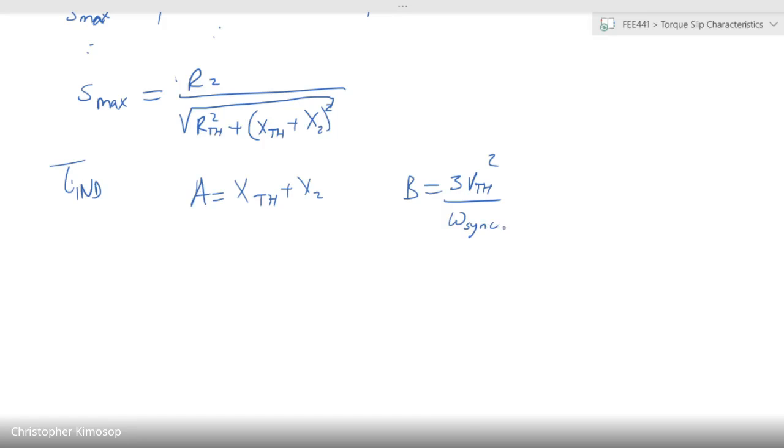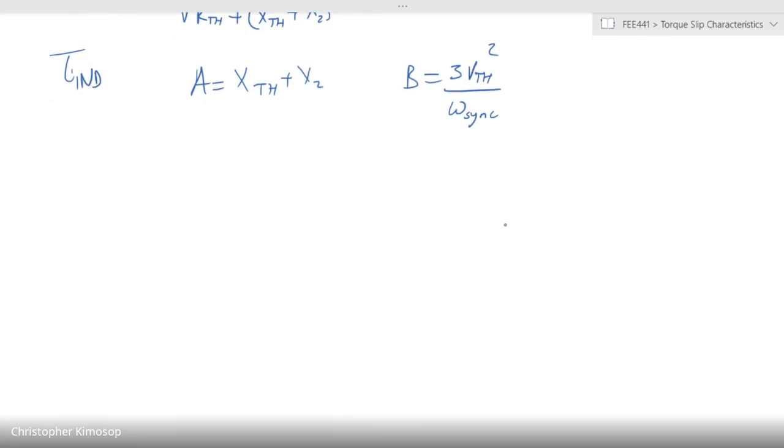This is just for purposes of this derivation, so that we reduce the clutter slightly and are able to follow what we are doing.